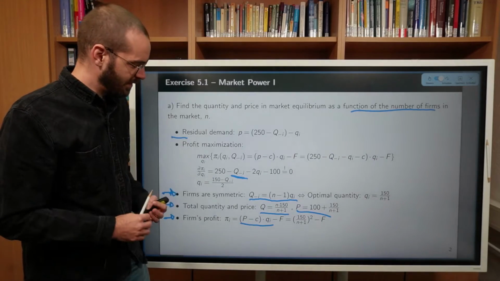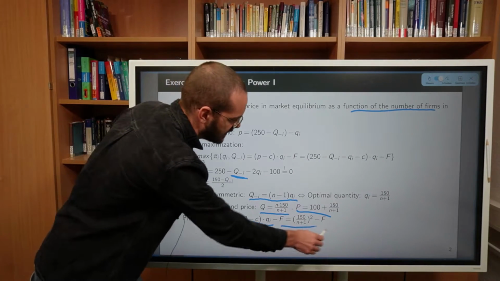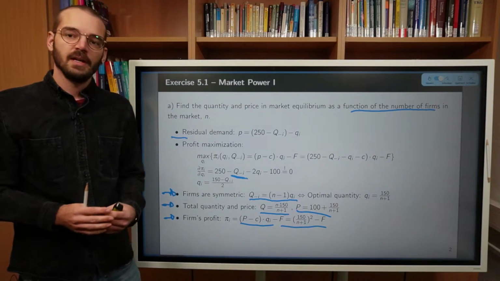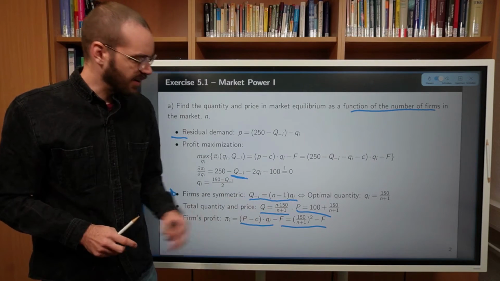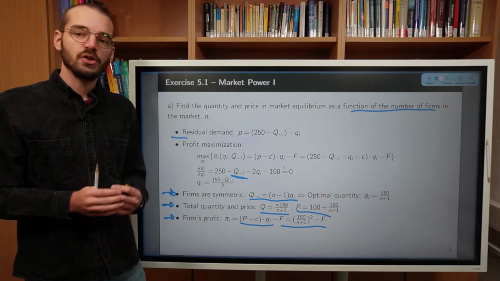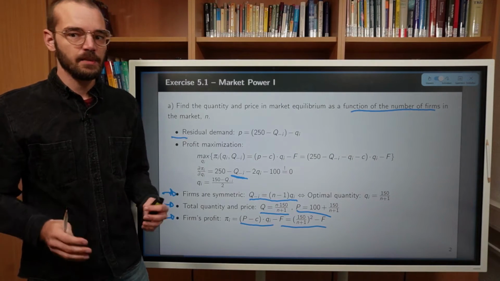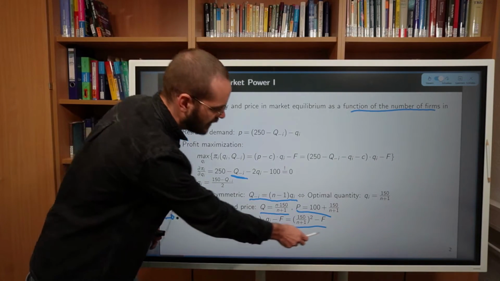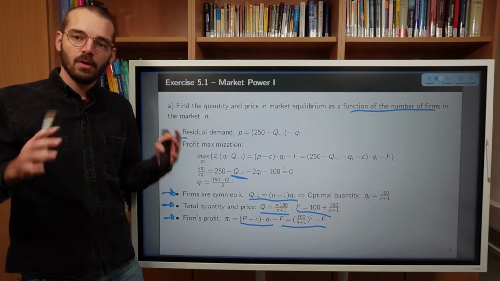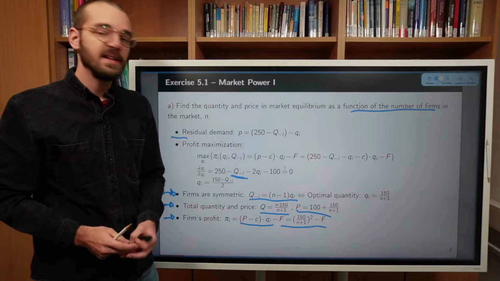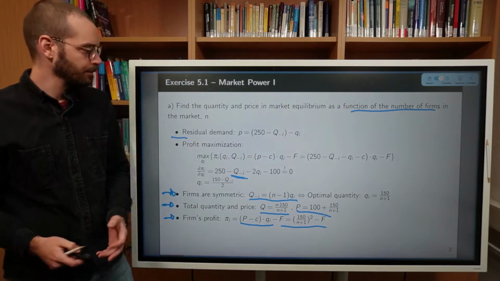Alright, and with this we derive the profit function as a function of the number of firms in the market. Down here it's written 150 divided by n plus 1 all squared minus the fixed cost capital F.